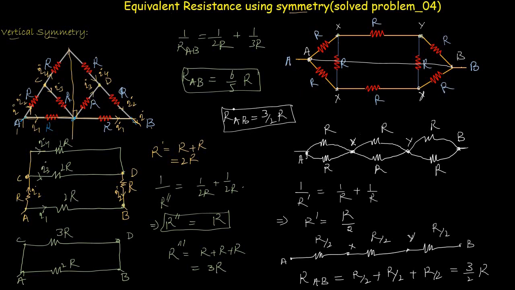This is basically the equivalent resistance between point A and B, and we found it by using the rules of horizontal symmetry.